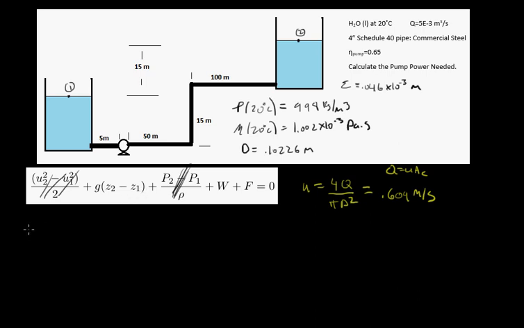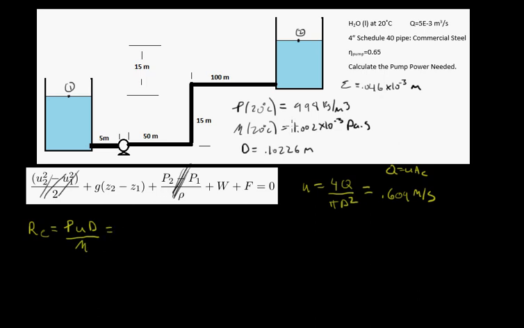Okay, then we're going to use that velocity to calculate a Reynolds number. The Reynolds number again is fluid density multiplied by the average velocity times the characteristic length, in this case the diameter of a pipe, divided by the viscosity.